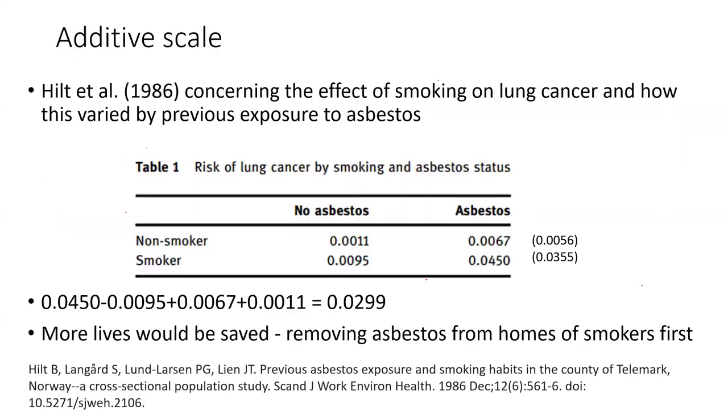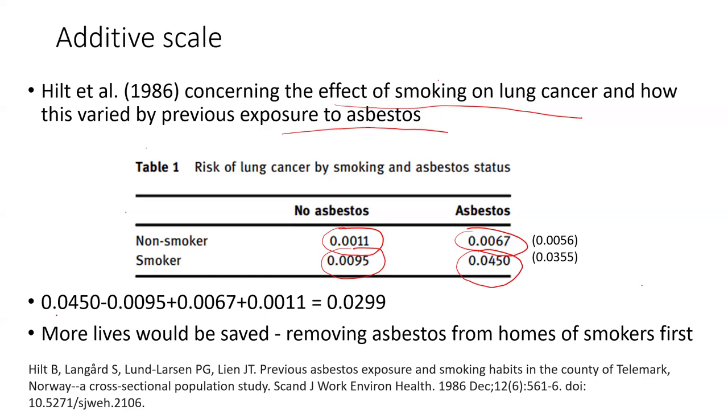Now let me give an example. This is an example of the effect of smoking on lung cancer and how it is affected by exposure to asbestos. So these are the four risks I was talking about. This is the first risk, in individuals who do not have either of the exposures. This is only asbestos, this is only smoking, and this is the risk for individuals who have been exposed to both asbestos and smoking.